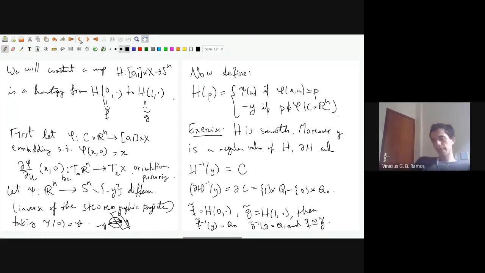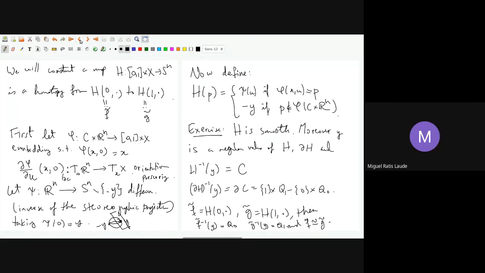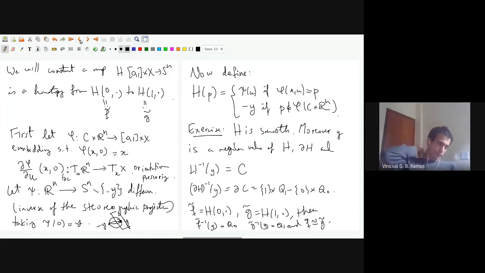The problem is, so what do you want? You want the same number of points, or the same number of points with parity? With parity, just assuming that the degree mod 2 is the same. Yeah. So assuming the degree mod 2 is the same, you certainly won't be able to have a homotopy.